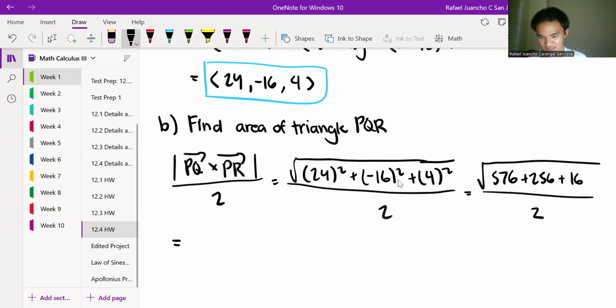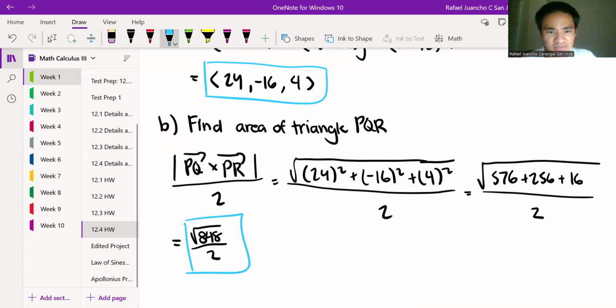Then 24 squared, just to be sure. So I have big numbers here. 576 plus 256, I just add them. 832... I mean 848, well, big number. Divide that by 2, and that's it.